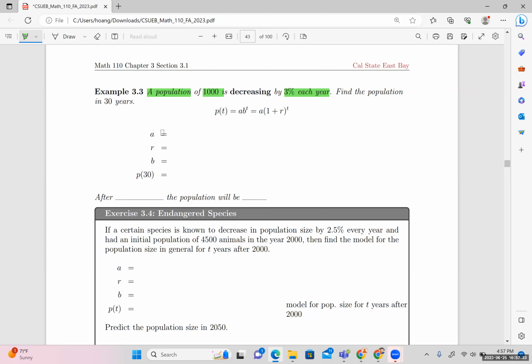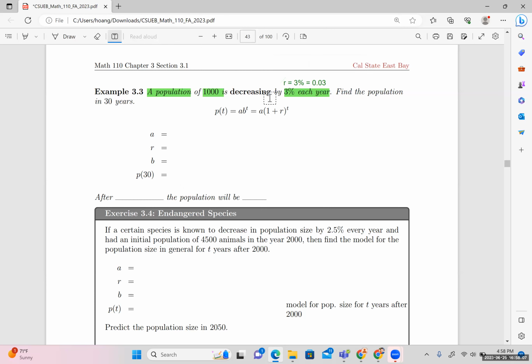So I'm gonna follow the function P of t equals a times b raised to t, or I should say a times 1 plus r raised to t in this case. Remember that we are given the rate as 3%. So I highlight r equals 3%, and I write it in decimal, 0.03.